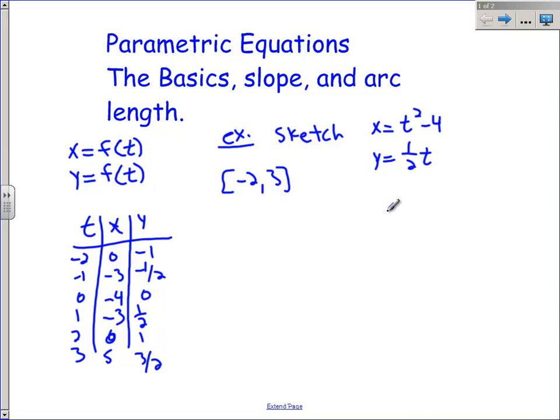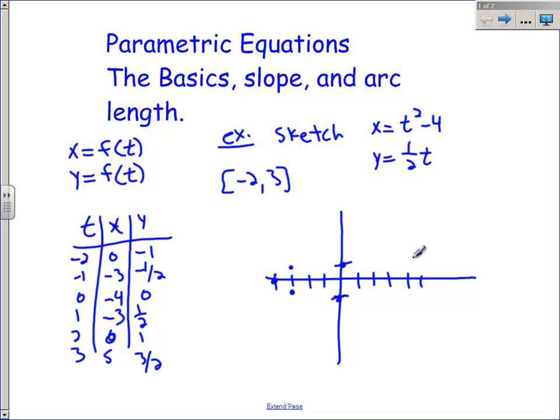And so what we have here is a way of sketching this curve with respect to time. So we're going to have the point 0, -1, then we'll have the point -3, -1/2, and then -4, 0, and then -3, 1/2, and then 0, 1, and then 5, 3/2.